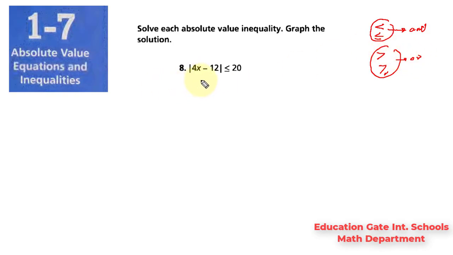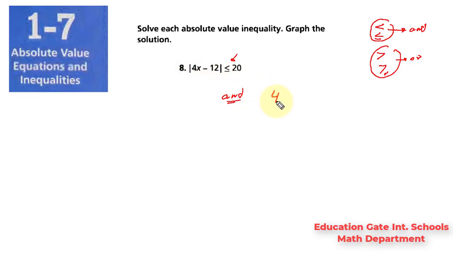The absolute value of 4x minus 12 is less than or equal to 20, so we have less than. Just write and. What are the two inequalities? The first inequality is the same inequality, but without the absolute value.